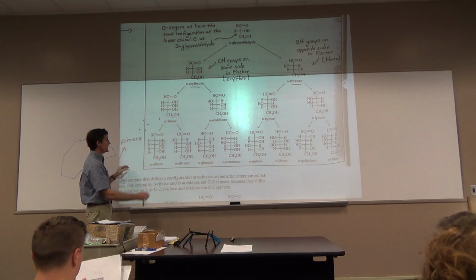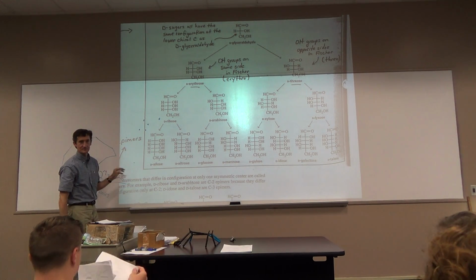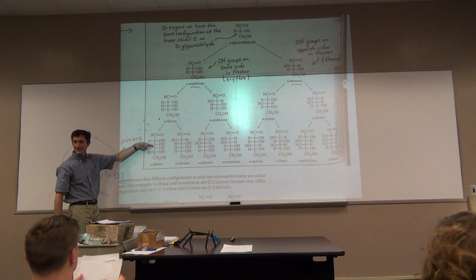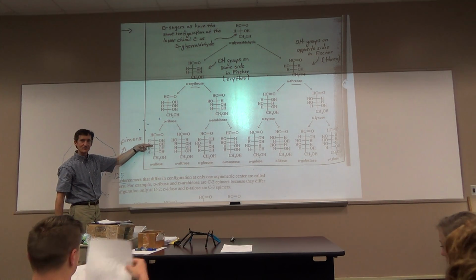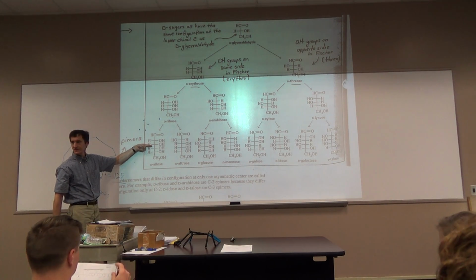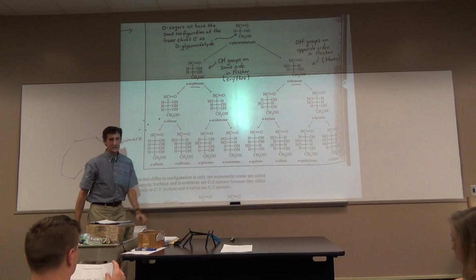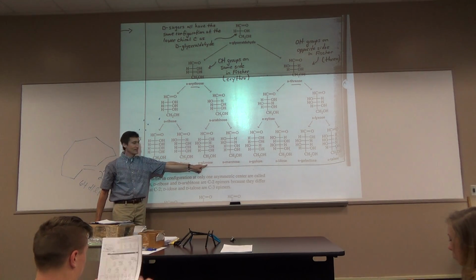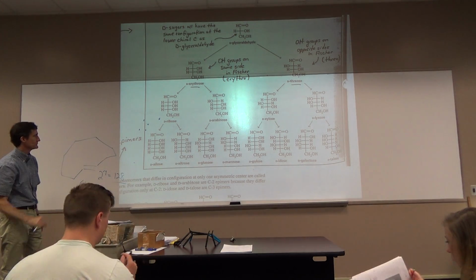Now the carbohydrates have 1, 2, 3, 4 chiral carbons, and so we have 4 crosshairs. Isn't that beautiful? These are all stereoisomers. Now the one you may be familiar with is glucose. That's that one.